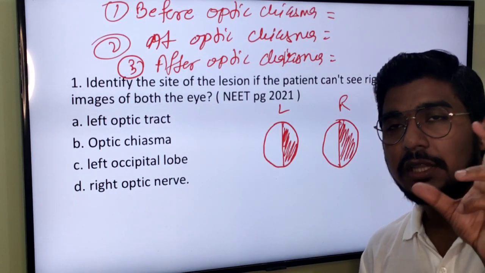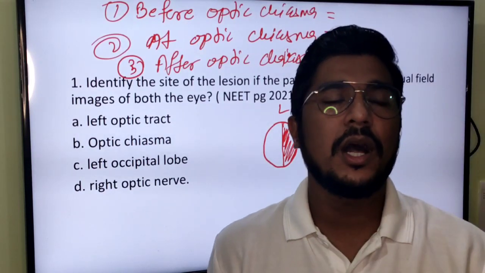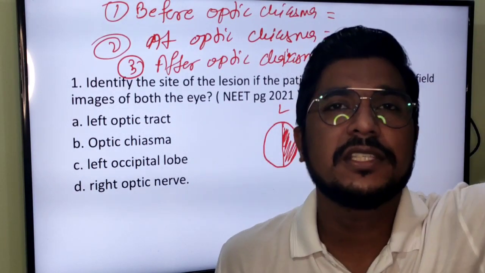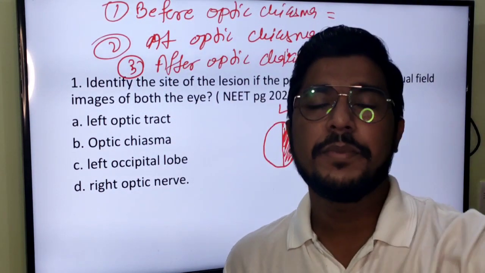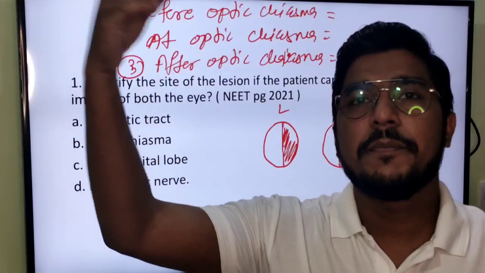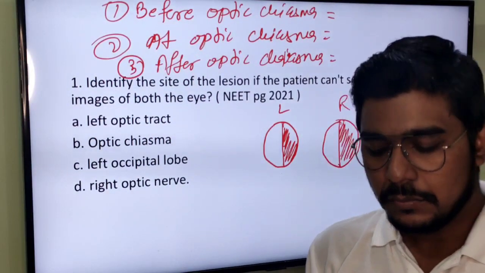Most of them are very much confused about where the lesion will be and what the resultant field defect is. For your level, it is very simple to remember: before the optic chiasma, after the optic chiasma, and at the optic chiasma.